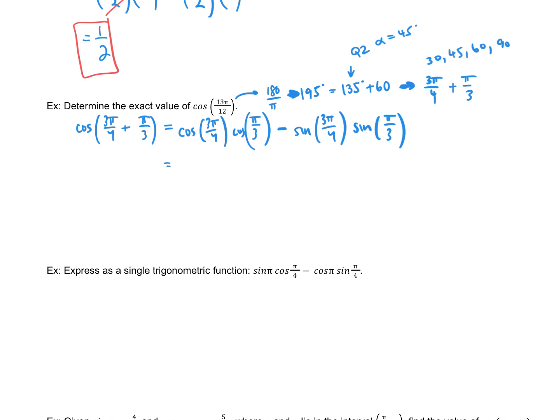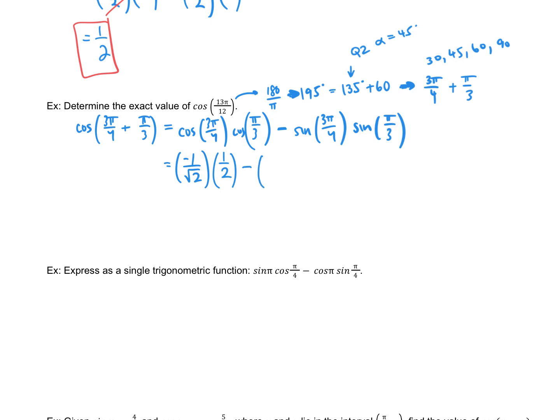For 3 pi over 4, alpha is pi over 4, so it's the isosceles triangle, and we are in quadrant 2, which means cos will be negative, and adjacent over hypotenuse for the isosceles triangle is 1 over root 2. For cos pi over 3, we're using the equilateral triangle. Adjacent over hypotenuse is 1/2.